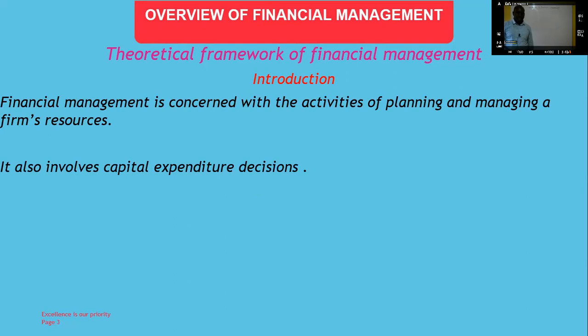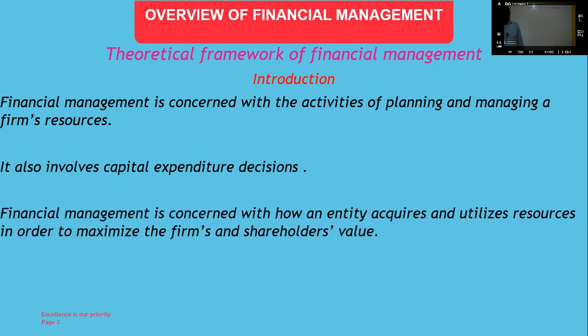Now, financial management involves capital expenditure decisions. That means we're looking at investment in long-term projects, which is what we're calling capital expenditure decisions. Machinery, plant and equipment, and many other such decisions. Financial management is also concerned with how an entity acquires and utilizes resources so that it can maximize the firm and the shareholders' value.